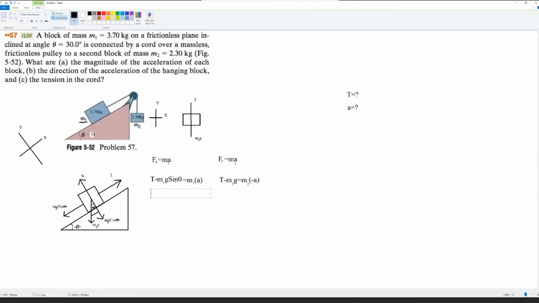I'm just going to solve both these equations for T. So for this one, you're going to have T equals positive m sub 1 times g sine theta, plus m sub 1 times a.